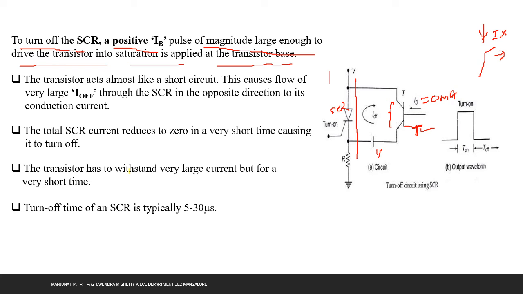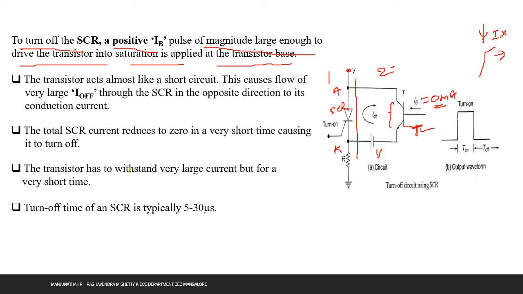So this is circuit part 2, and it is not going to play its role because IB is equal to 0 milliamps. We have a voltage here between anode and cathode.